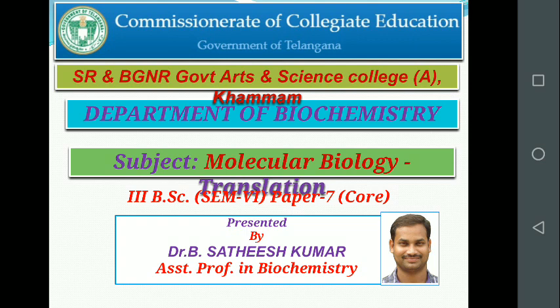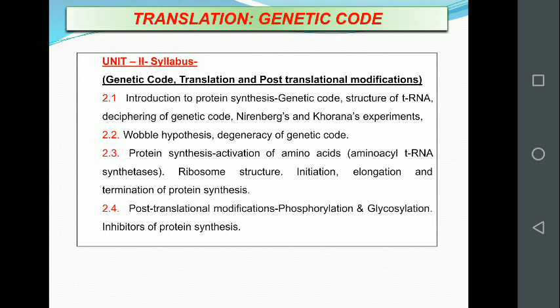In that paper, you have already learned about the replication process, transcription process, and along with that, post-transcriptional modifications. These three processes you have learned so far, and the next topic in molecular biology, that is unit 2.